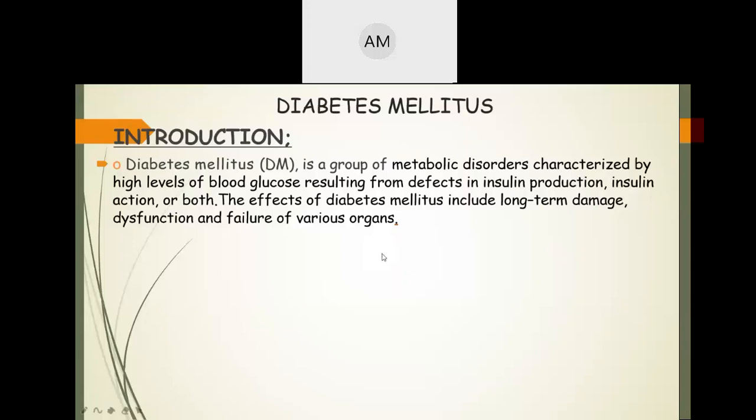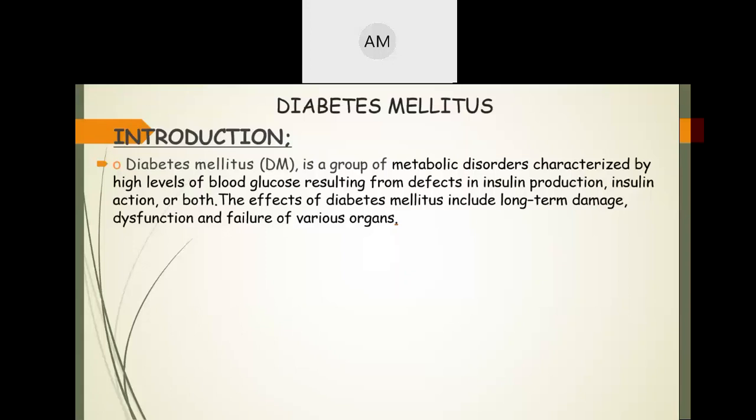Starting with diabetes mellitus. Diabetes mellitus is a group of metabolic disorders which features high blood glucose levels, which result from defects in insulin production, insulin action, or both.